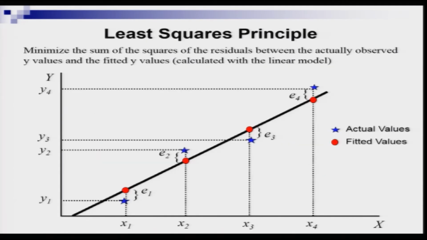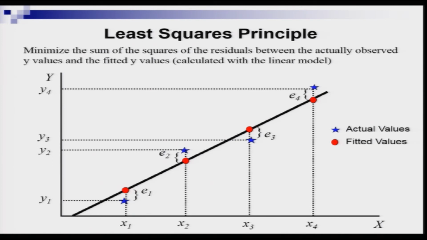Now in the following slide I am going to show you this idea of the least squares principle through a simple graph. So now you look at this diagram in this slide. Here the dependent variable y is measured along the vertical axis and the independent or explanatory variable x is measured along the x axis, and I am showing you the observed data set.